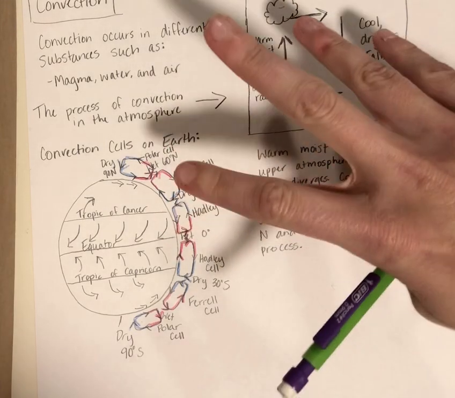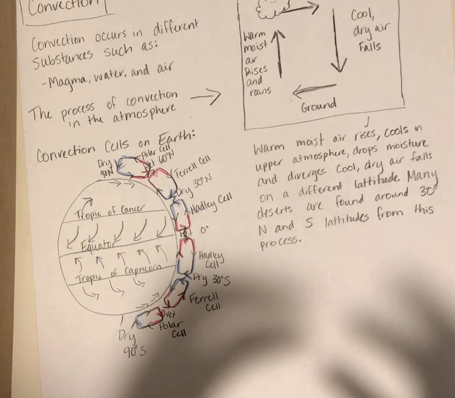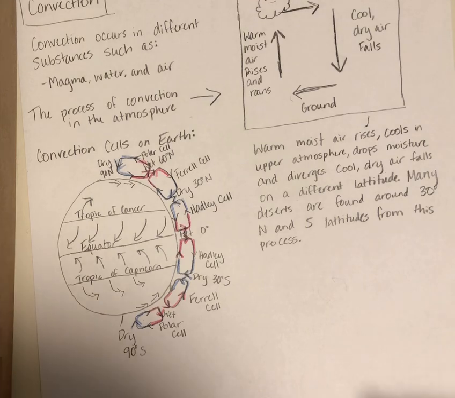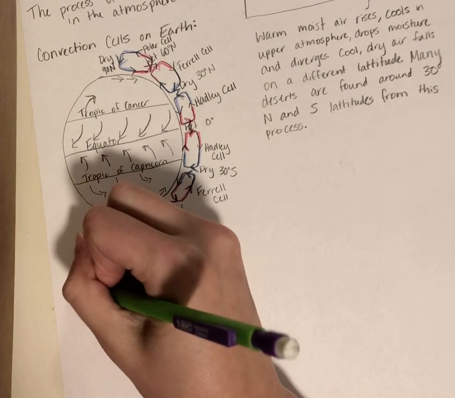So the combination of convection, and the next thing that we're talking about is why these winds go typically in the direction that they do. The next thing we're going to talk about is called the Coriolis effect.